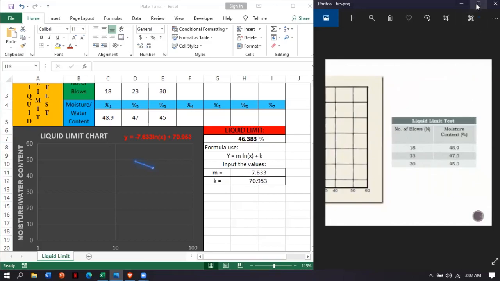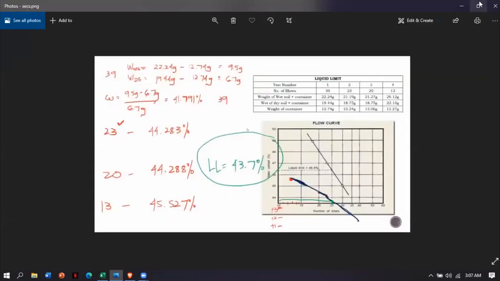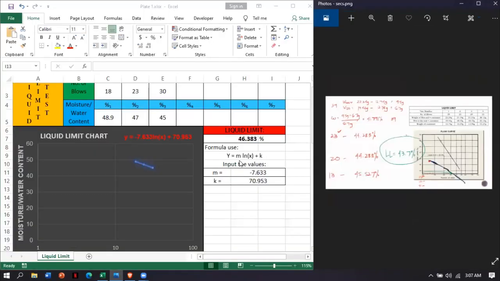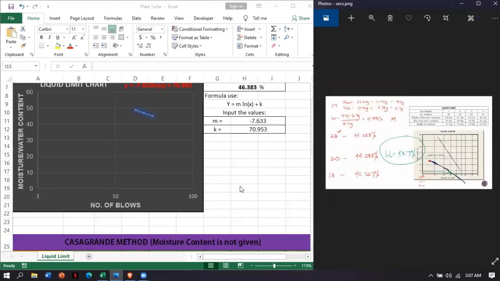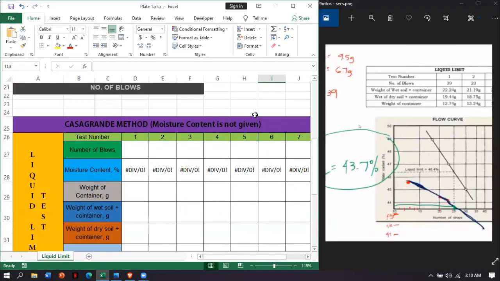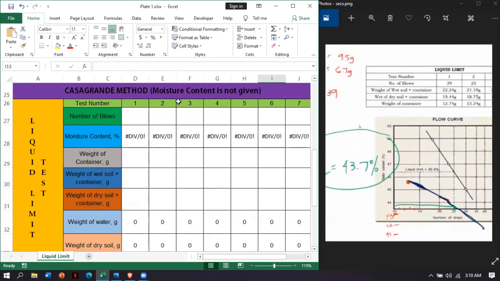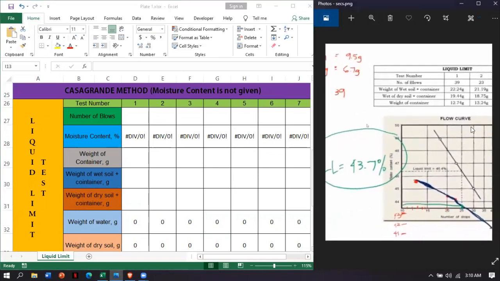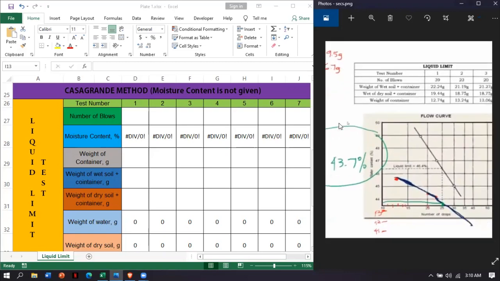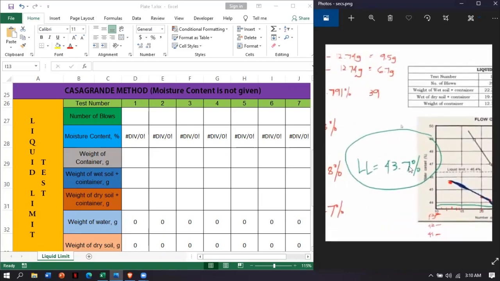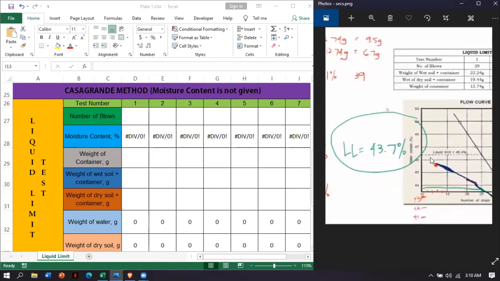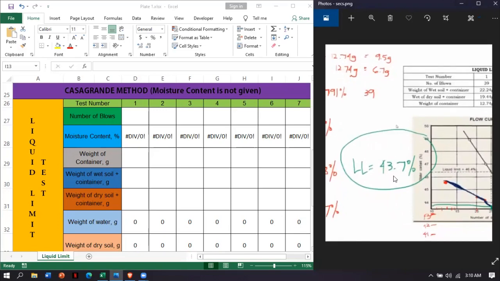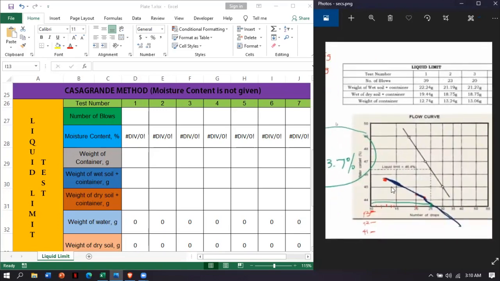So for the second problem, the situation is the Casagrande method where the moisture content is not given. Here we have an example, also from our last discussion. Their assumption for the liquid limit is about 43.7%.